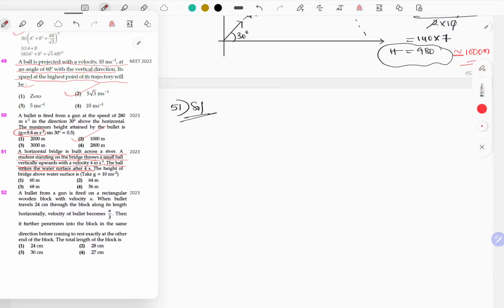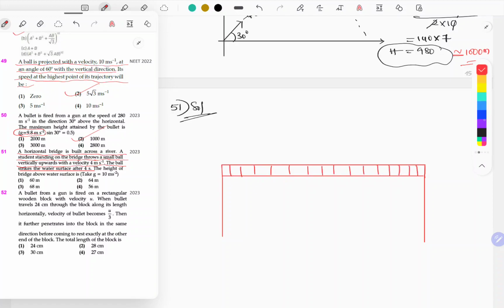So let me explain that. There is a bridge, let me represent it here. Here is the water surface, and here water is flowing like this.